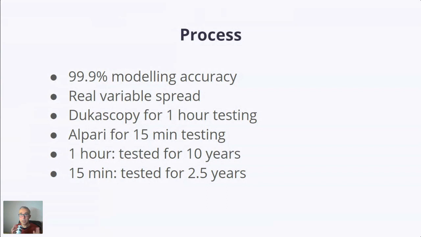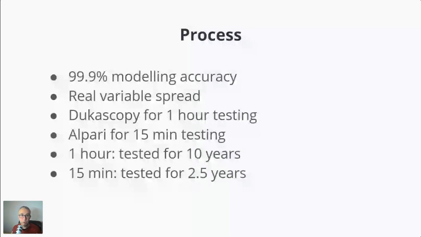It's really so lengthy and detailed, but the strategy is so robust, so refined, so much improved, so much tested, that when we present something, we want it to be solid and fully ready, not like, okay, we think it's ready. No. So, 99.9% modeling accuracy.